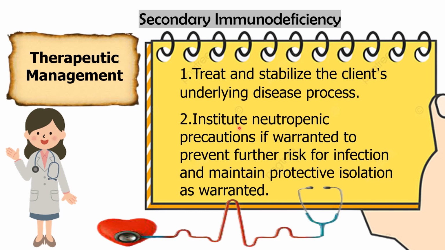For therapeutic management, it is important to treat and stabilize the client's underlying disease process because this may also affect the condition of your patient. So institute neutropenic precautions if warranted to prevent further risks for infection and maintain protective isolation as warranted.